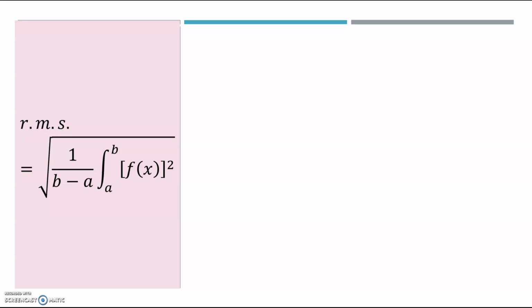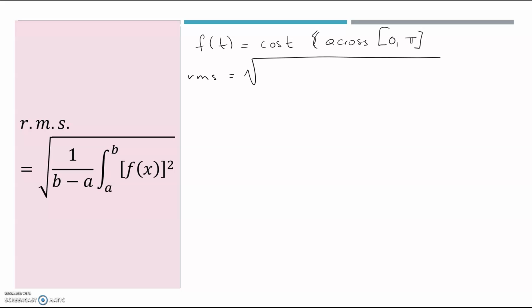As the last example, let's find the r.m.s. of a cos function, and it's across the interval 0 to pi. So using the formula, it's going to be the square root of, and again 1 over pi minus 0 is just 1 over pi times the integral from 0 to pi of cos squared t dt.